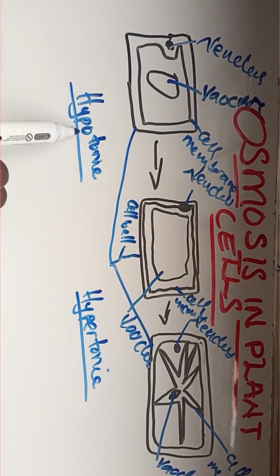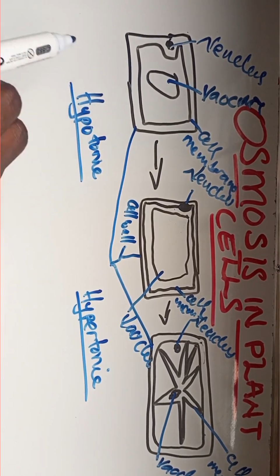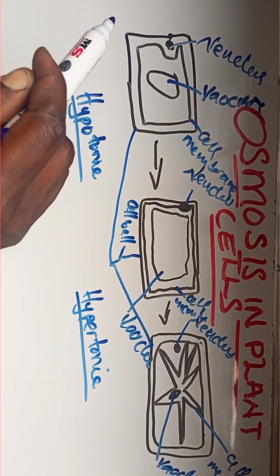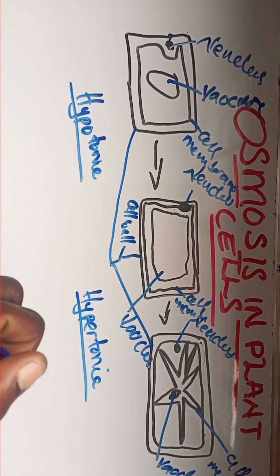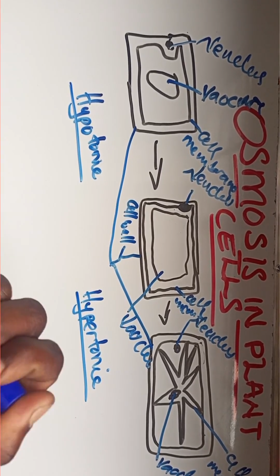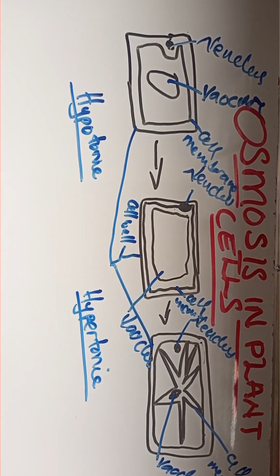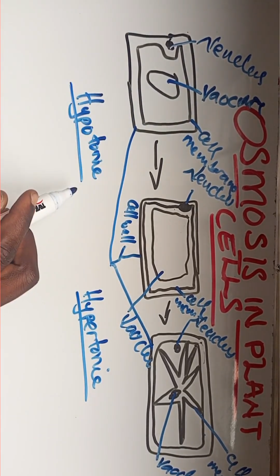in a hypotonic solution, it will gain water, because the water concentrated outside enters inside the cell. That is a brief definition. So now the water will enter inside the cell.